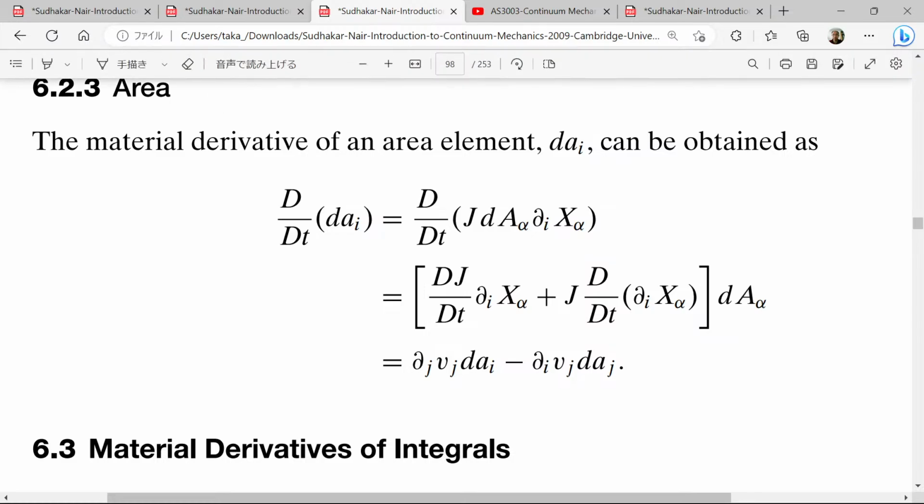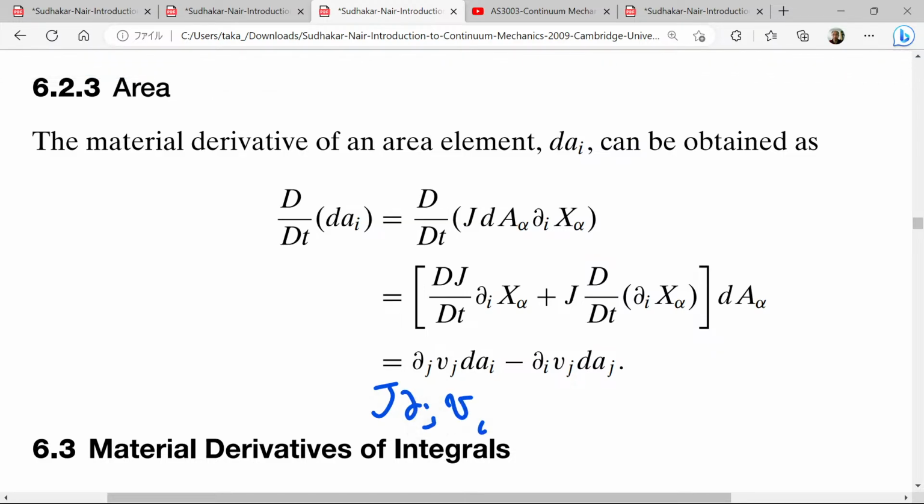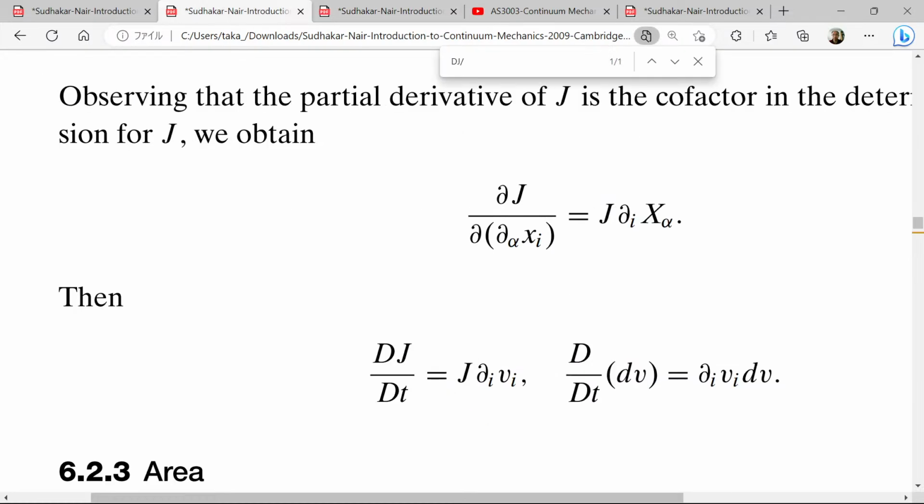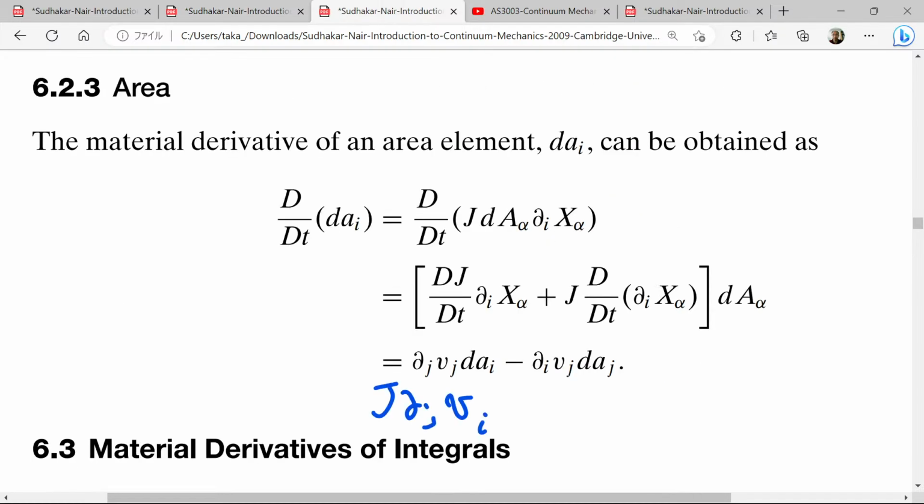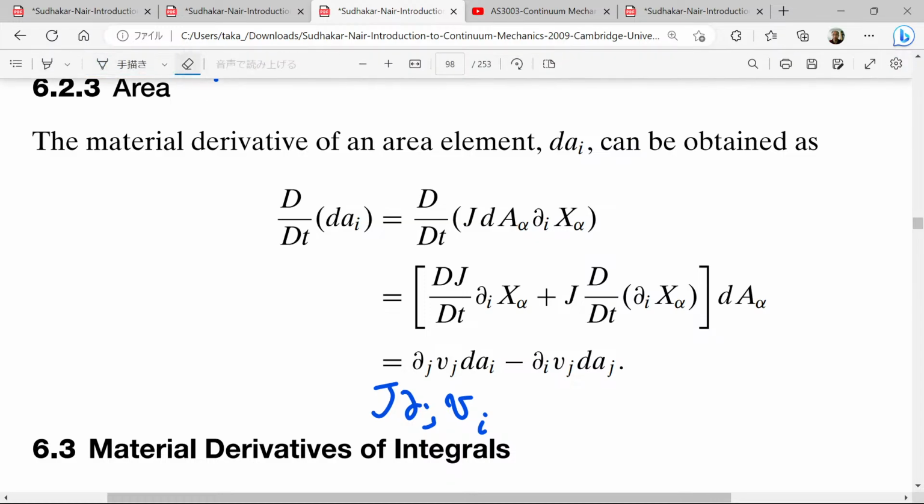This goes like this: J partial_j v_i. Partial_i v_i, J partial_i v_i. So we can do partial_j.